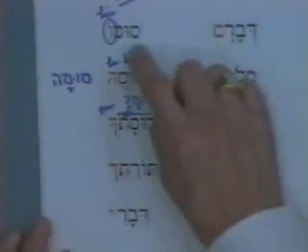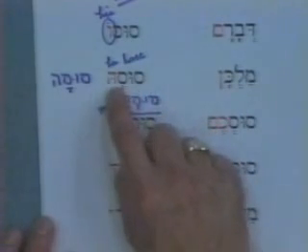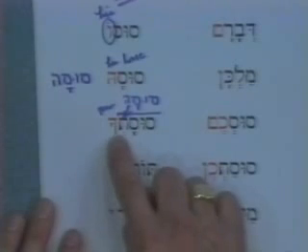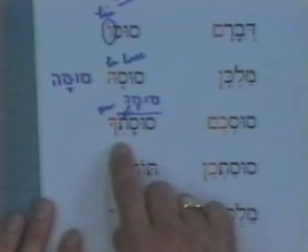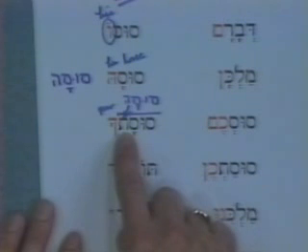Back to our main chart, makes pretty good sense, right? So again, susó would be his horse. Susá would be her, whatever the noun is. Susathka would be, what's a ka ending? Now it's your, right? It could be you if it was to you, but now it's your because it's possessive. Your mare.